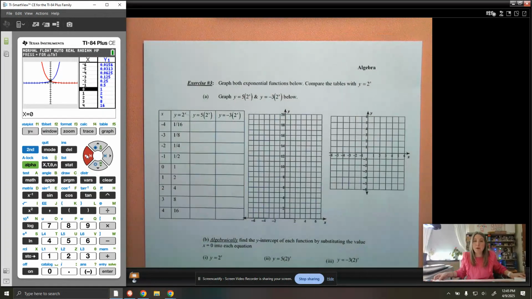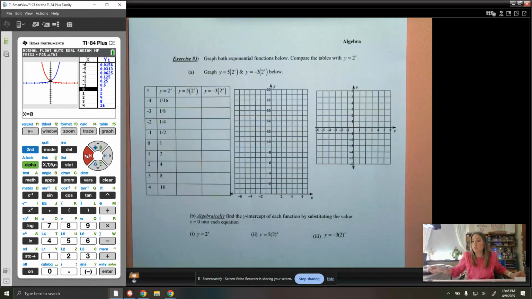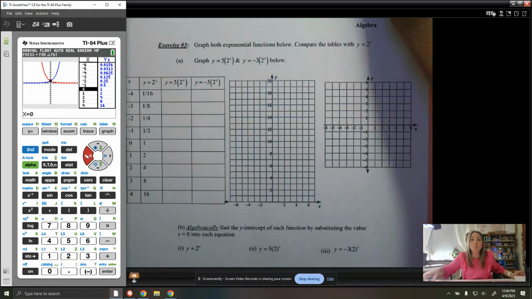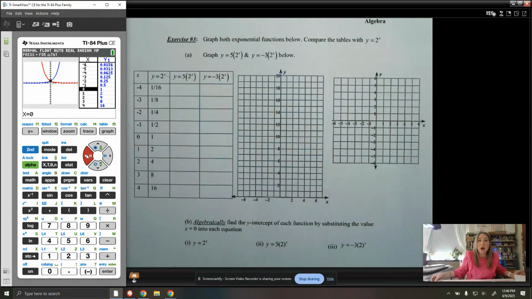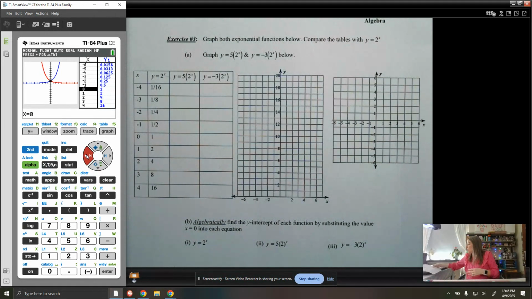So now I want to compare and contrast, and this is part of why I kept my y1 with my 2 to the x power. I want to compare and contrast if I change a values. And so that's what I'm going to focus in on today, is if I change a values, how does that look in my exponential functions?